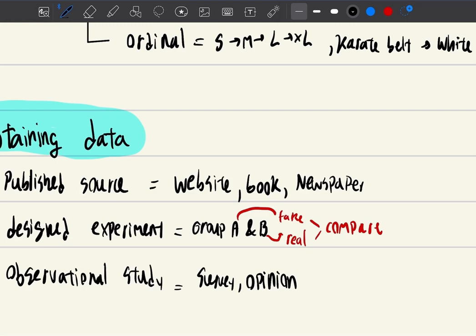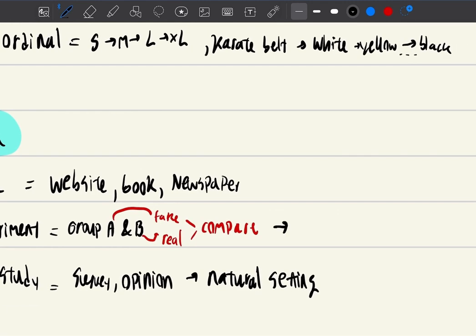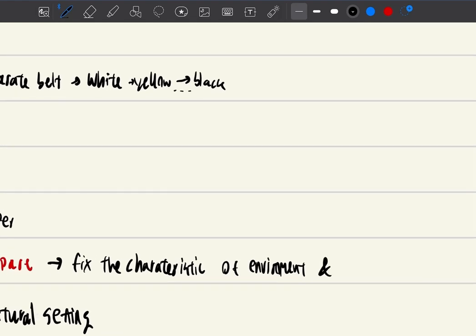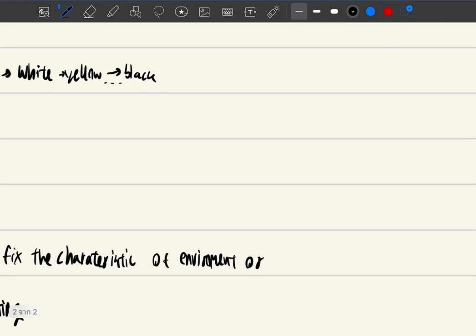But in the designed experiment, they fix the characteristics of the environment and or experimental unit.